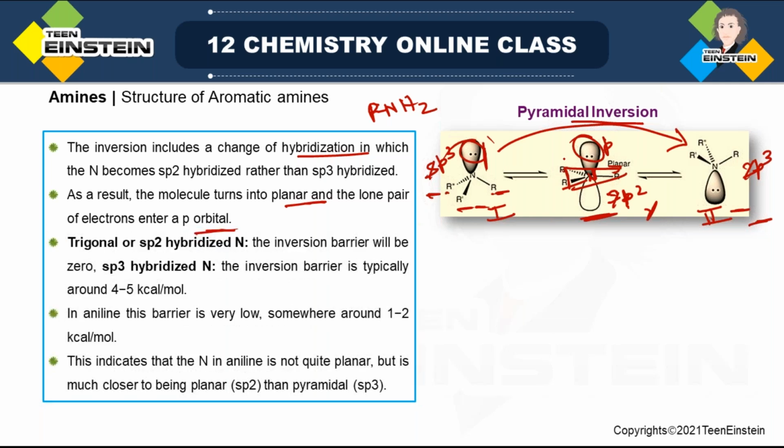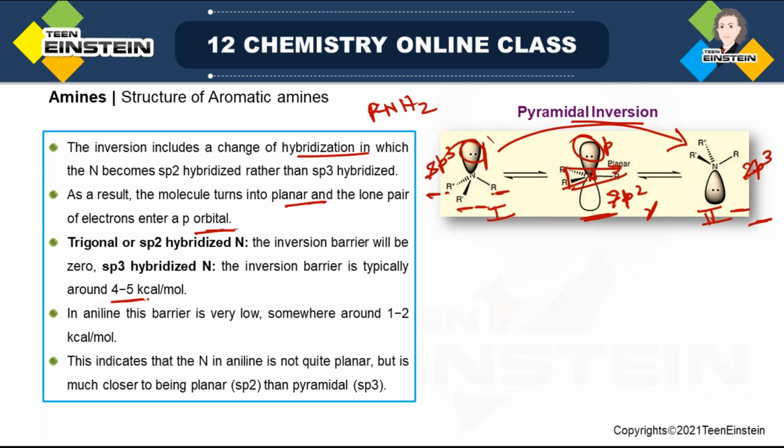For trigonal planar or sp2 hybridized, the inversion barrier is 0. That means if it is already sp2 hybridized, there is no question of an inversion barrier. And if it is sp3 hybridized, it will go through sp2, then another sp3 form is possible. Now there is some inversion barrier which has a value of 4 to 5 kilocalorie per mole.